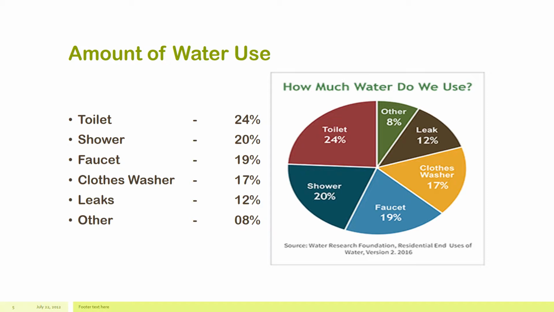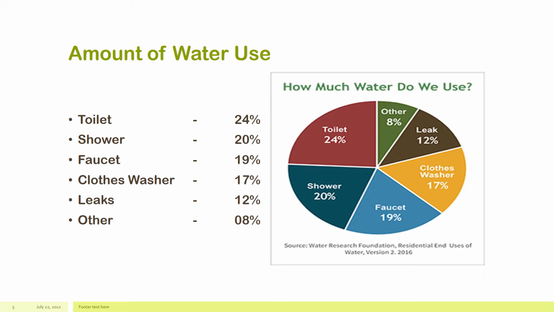And of this water that comes to us on a daily basis, we utilize the water for different activities. According to research, human consumption utilizes 24% for toilets, and then 20% we use for our daily showers, 19% comes through our faucets, either in the bathroom or the kitchen, and for laundry we utilize 17%.